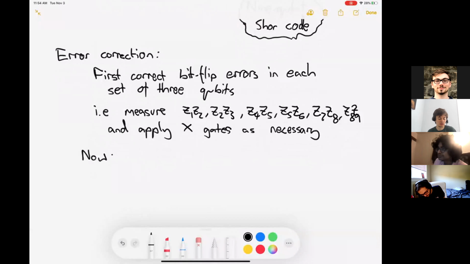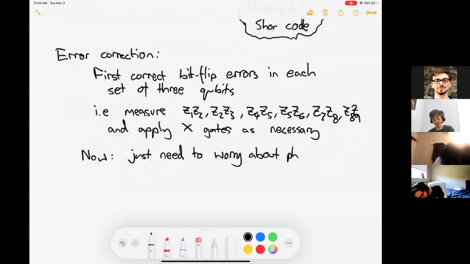Okay. So now we just need to worry about phase flip errors.